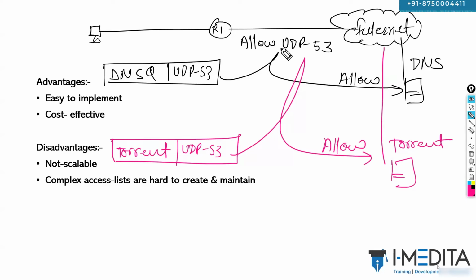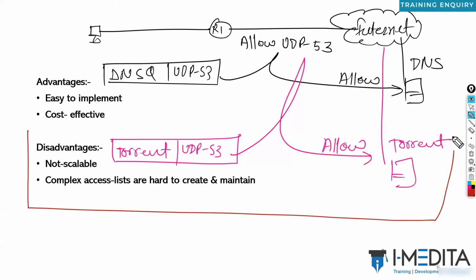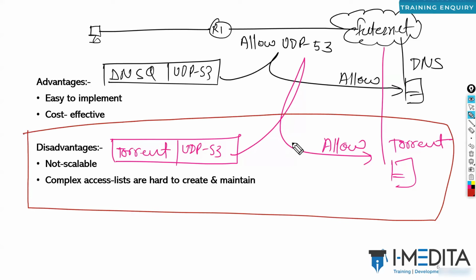On that allowed port, DNS or any application is allowed. Now you can't create an ACL which can block torrent communication at port number 53. So this is the disadvantage of packet filtering.